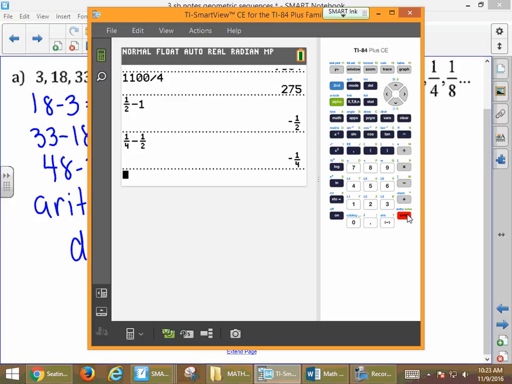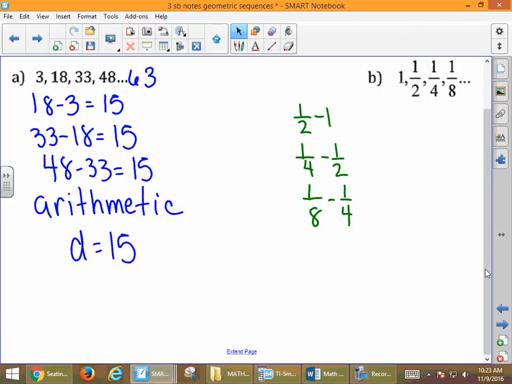What I mean by that, the first time when we subtracted, we ended up with negative 1/2. The second time when we subtracted, we ended up with negative 1/4. Those values are different, so it's not arithmetic. So then the question becomes, are they geometric? And so this is the advantage here, I can erase those values. And what we want to do to determine whether something is geometric is we can do 1/2 divided by 1.